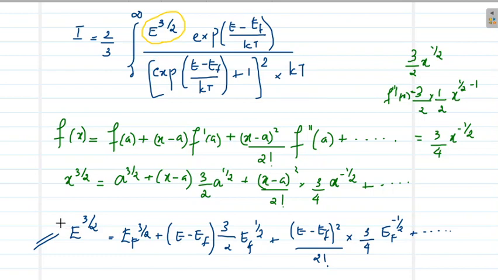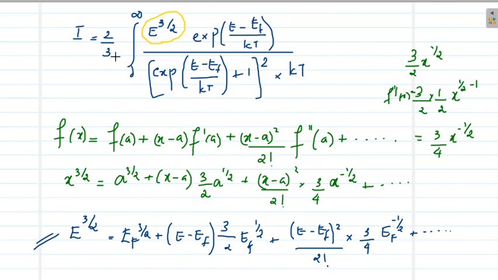Now substituting this Taylor series into the integral, we will obtain I equal to 2 by 3 kT.